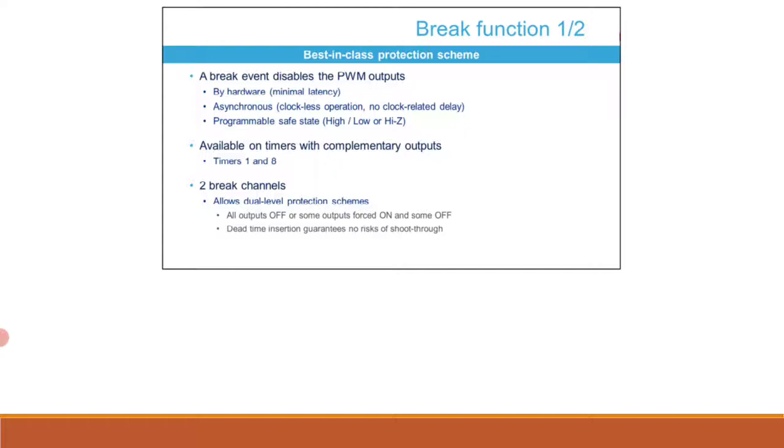At the time the fault occurs, the system will first disable the high side PWM and insert a dead time before switching on the low side. That's how it prevents potential shoot-through conditions.